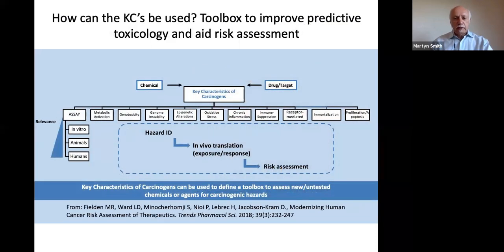And this is of great interest actually to the pharmaceutical industry and also perhaps the chemical industry, in that they would really like an approach where they can reduce animal testing and do predictive toxicology. And this is a paper by a group from Amgen, who are very keen to develop these approaches and develop tests for the different key characteristics to modernize human cancer risk assessment and better predict the possibility of carcinogenicity in their studies.